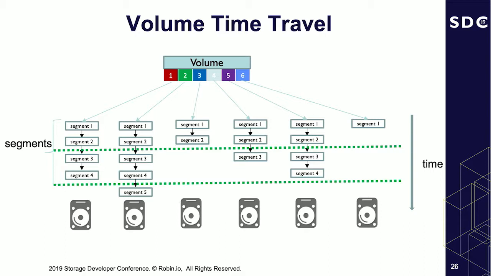So at any point in time, without coordinating across different nodes, we are able to draw a line and say that all these segments across these slices form one application-consistent snapshot, right? And at any point in time, we are able to go back to a particular snapshot, almost as if we are able to go back in time in the I/O stream for the particular application and go to that snapshot.